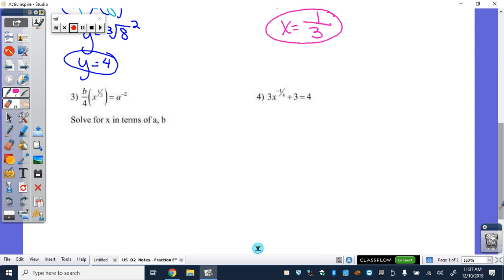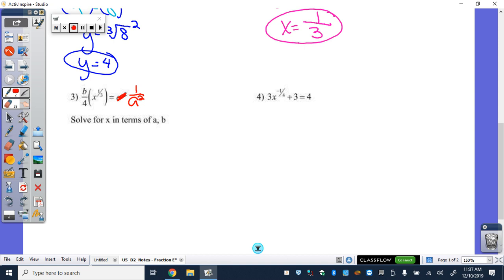Number 3, we've got b over 4 times x to the 1/3 equals a to the negative 2. Solve for x in terms of a and b. First thing I'm going to do is fix my a to the negative 2. How can I rewrite that so it's a positive exponent? 1 over a squared. So I'm going to change that first.